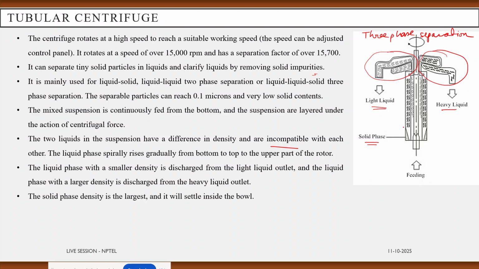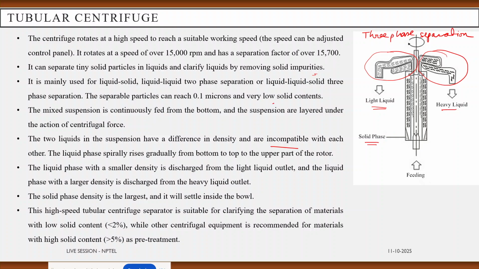And the solid phase, which has the largest density, will simply settle down inside the bowl far away from the axis of rotation.